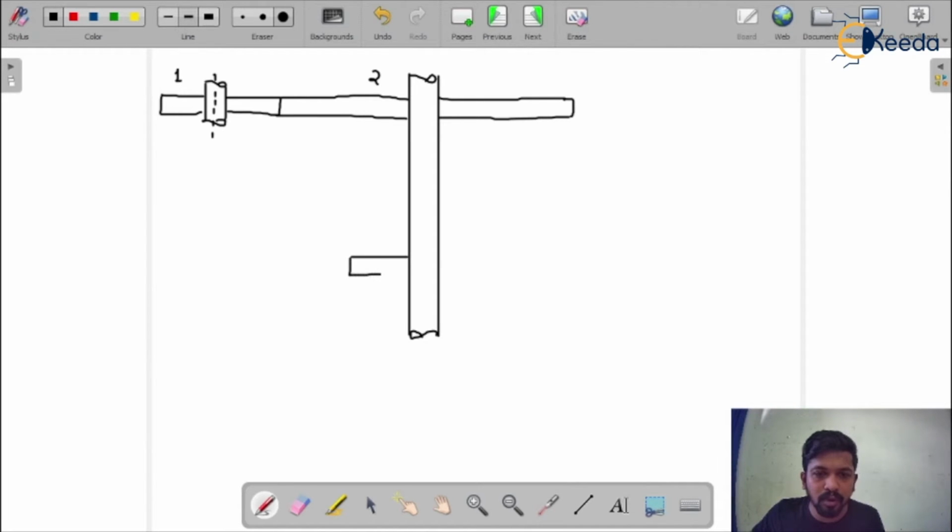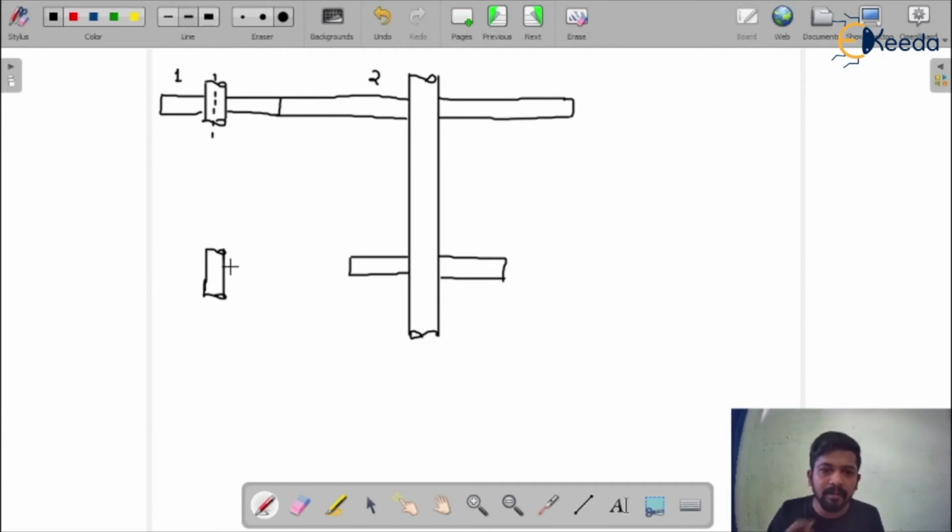I will show you one more important thing here in the diagram: here we are going to connect 1 and 4, which have coaxial shafts.